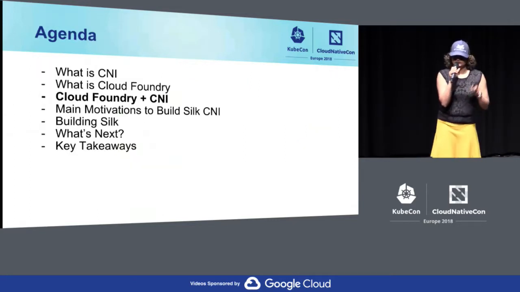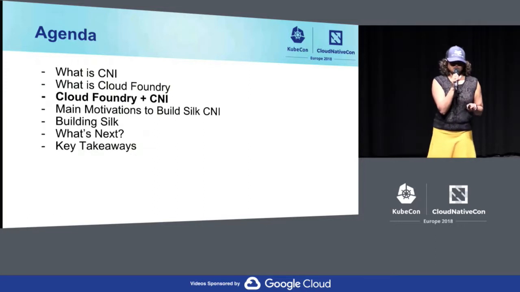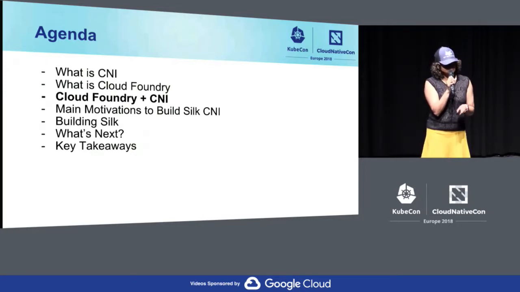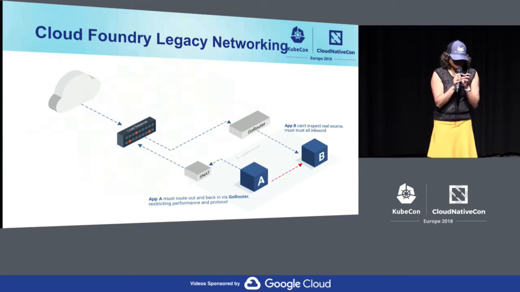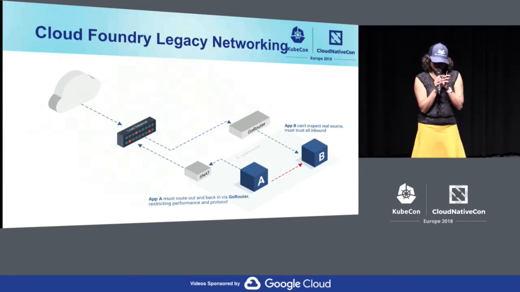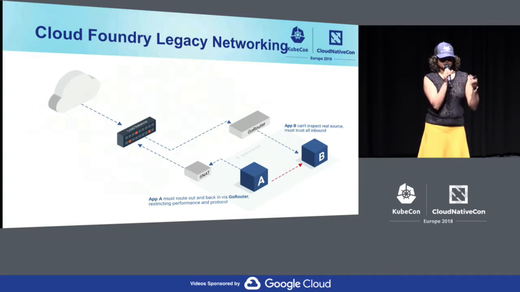So let's talk a little bit about where Cloud Foundry and CNI intersect. And to do that, we have to take a couple of steps back to understand how legacy Cloud Foundry networking worked. As I mentioned before, the way application traffic goes out on Cloud Foundry today is that everything is NATed out.